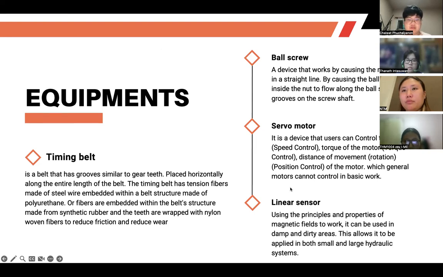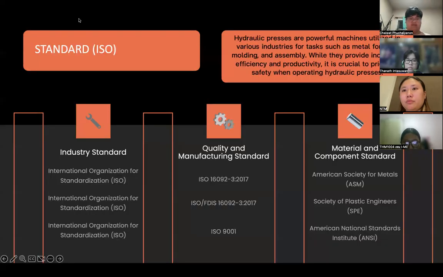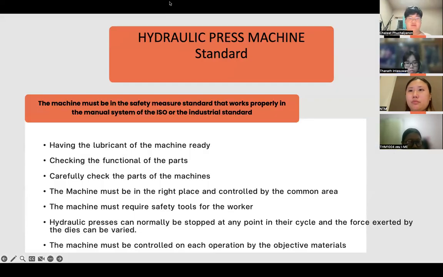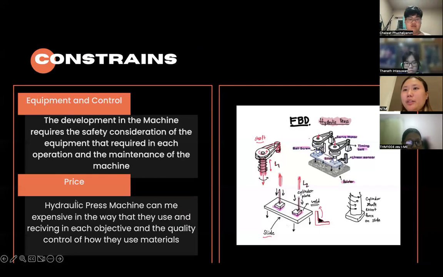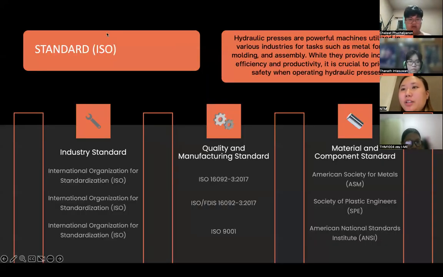So next is standards. Okay, for standard ISO, the hydraulic press is a powerful machine utilized in various industries for tasks.